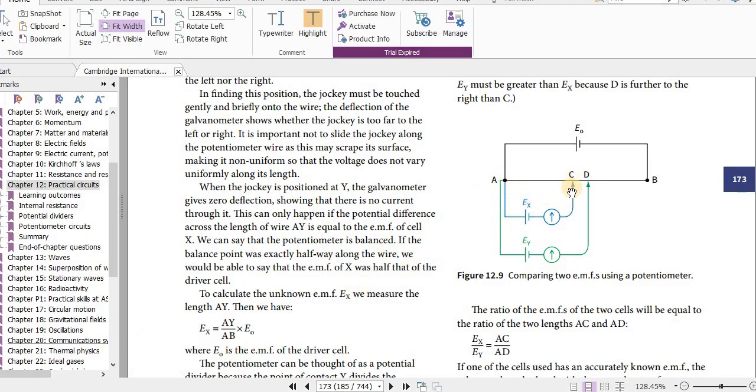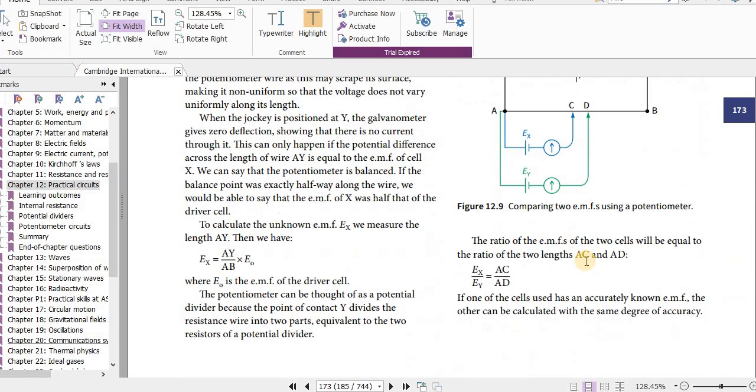That means EX divided by EY equals AC, the length AC. Okay, here they just use the letters AY and AC, but it's actually the length AC divided by the length AD. So again, part over whole fraction, EX divided by EY is equal to AC divided by AD.